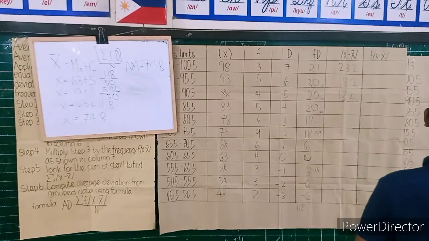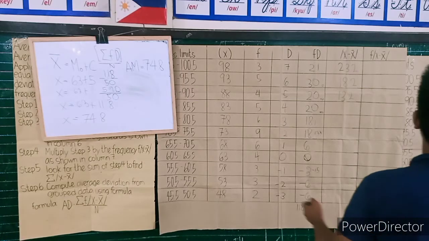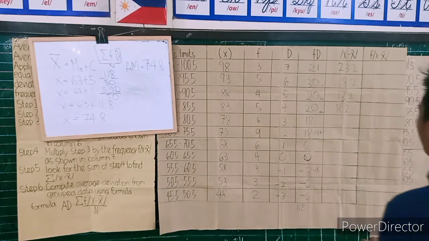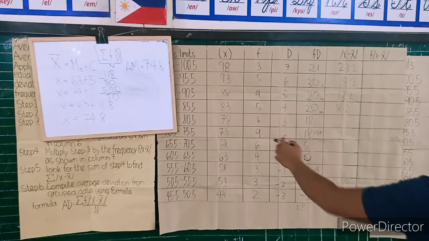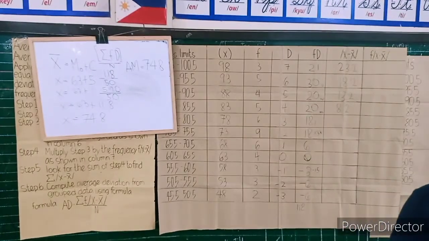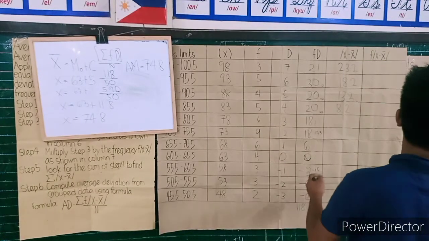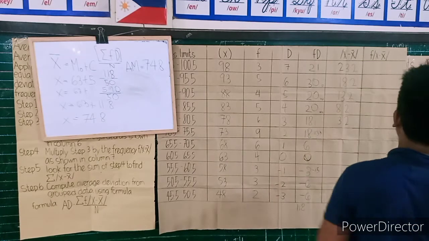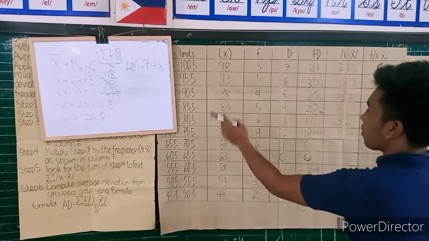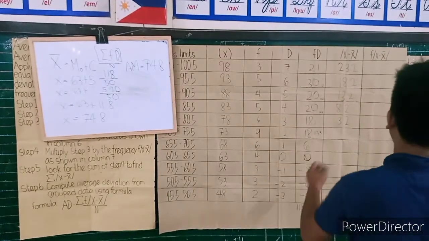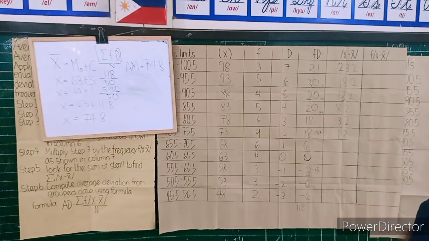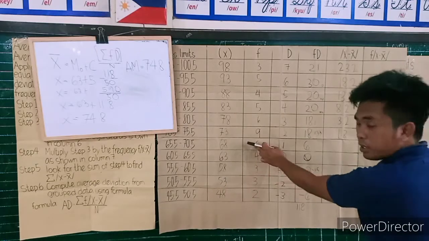So 83 minus 74.8, we have 8.2. Okay. So 78 minus 74.8, we have 3.2. Okay. 73 minus 74.8, we have 1.8. Okay. 68 minus 74.8, which is the arithmetic mean, we are here in 6.